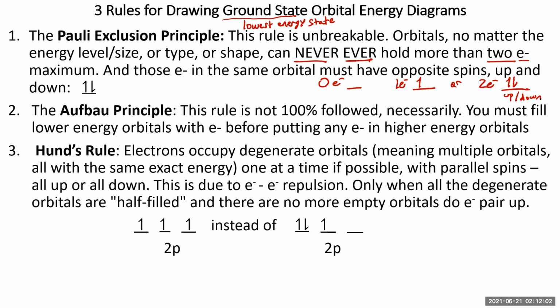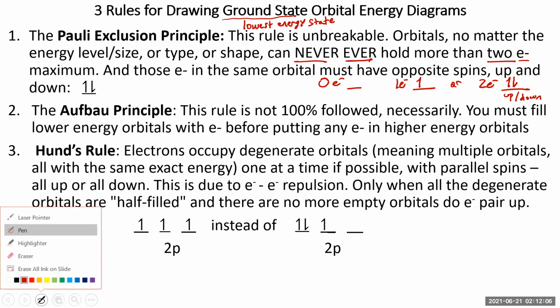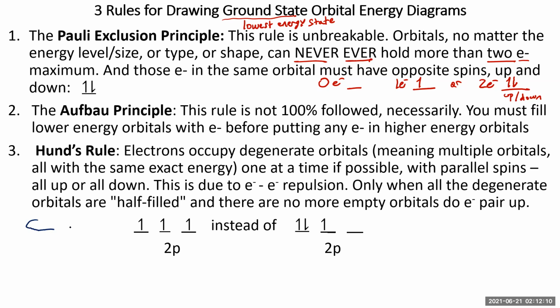I liken rule 2, the Aufbau principle, to this idea of putting marbles in a jar or a vase. So imagine you have a vase and you're dropping marbles into that vase. So you drop a marble into the vase. Well, where does the marble go? Well, the marble drops all the way to the bottom.